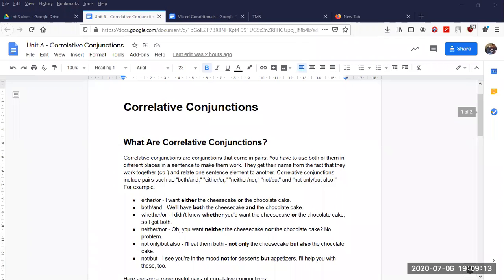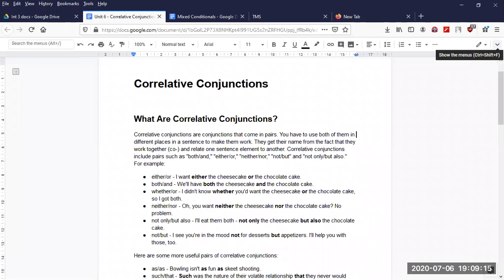So the first thing we see in Unit 6 are these correlative conjunctions. They're called something else in the platform, but basically they are 2 words that work together to connect 2 parts of a sentence. Correlative conjunctions are conjunctions that come in pairs. So there are 2 words or 2 little phrases.